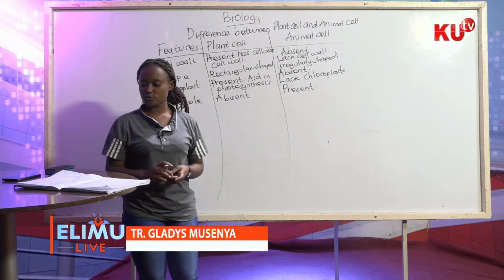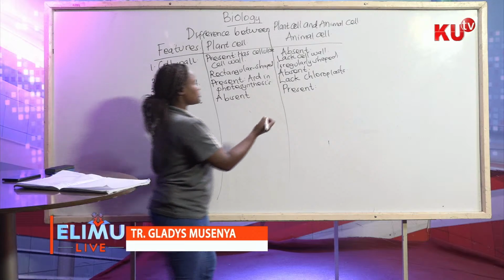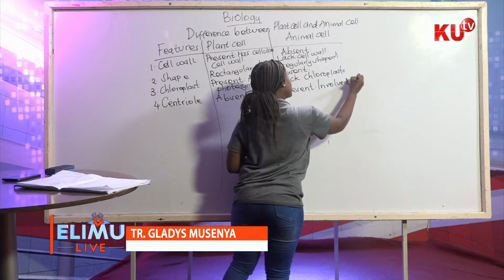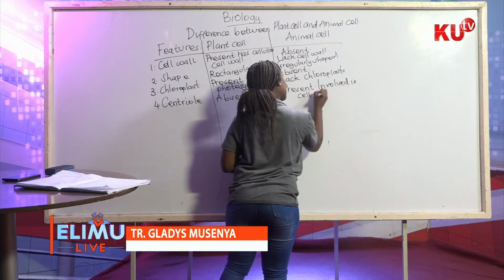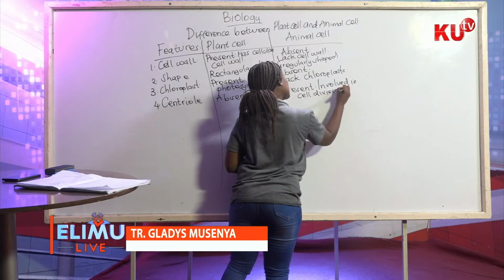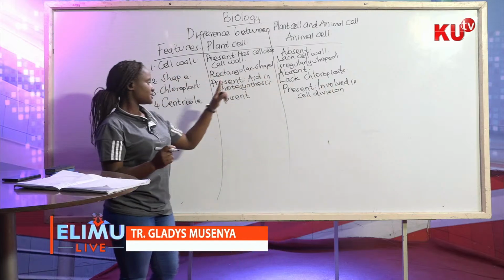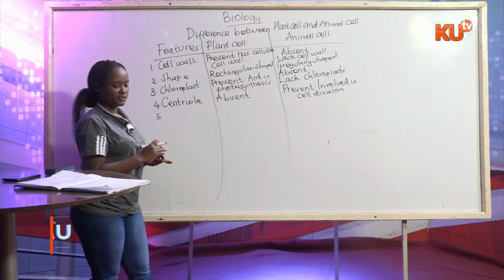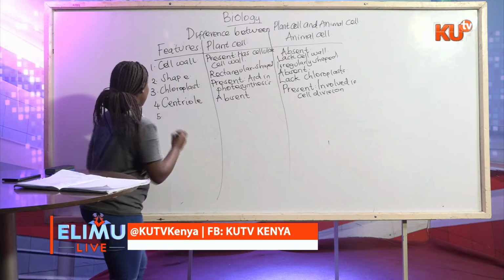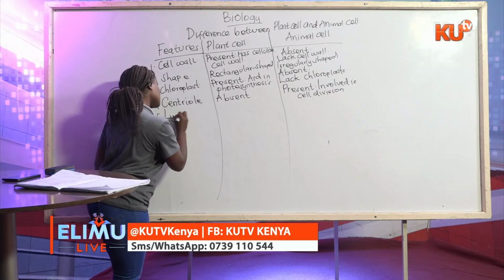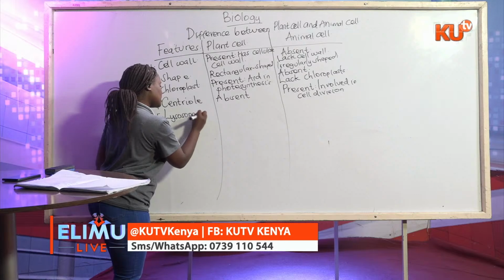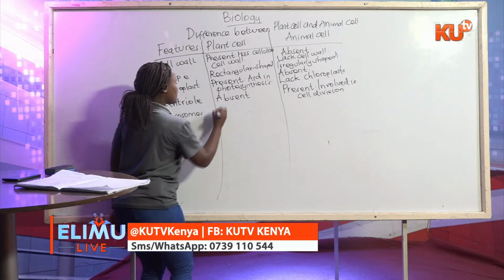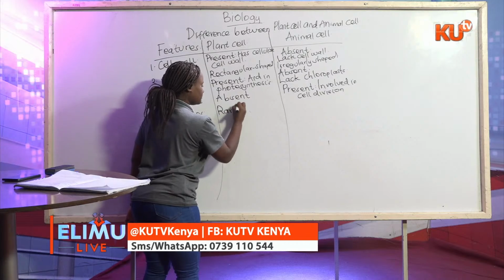It is present and it is involved in cell division. This one is absent. Now, our fifth, we go to lysosomes. The lysosomes in plant cell are rarely present.